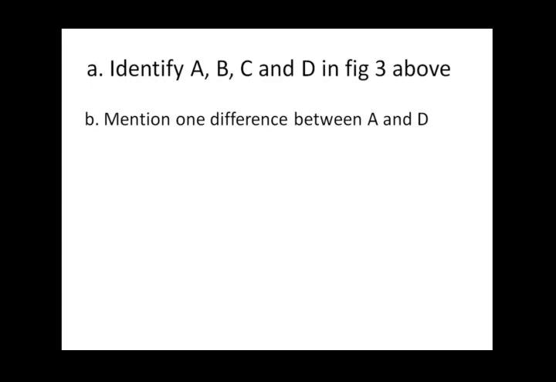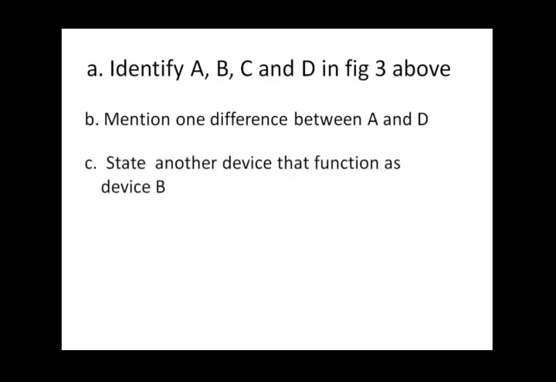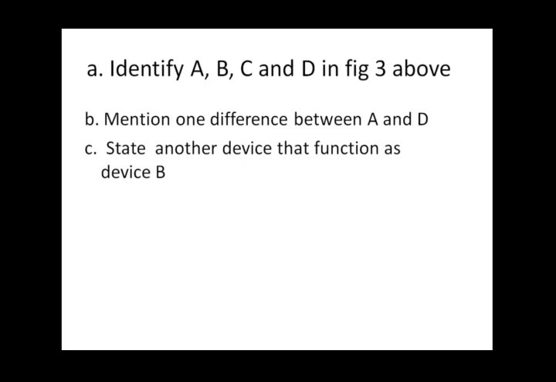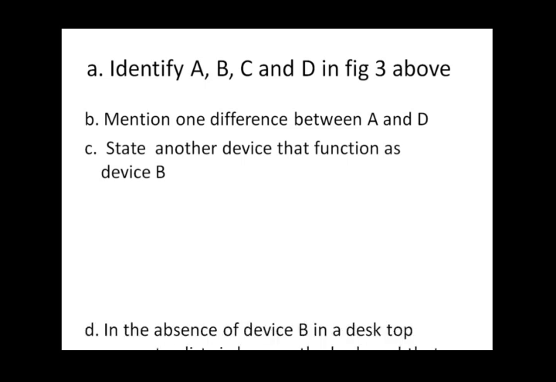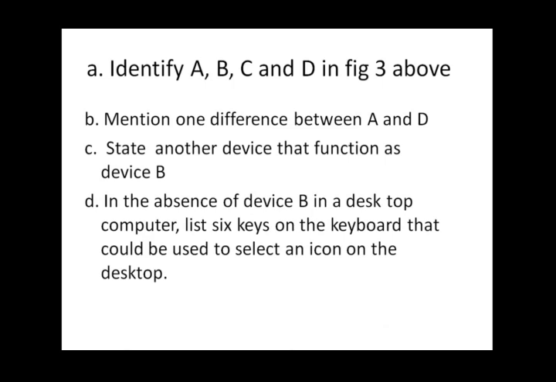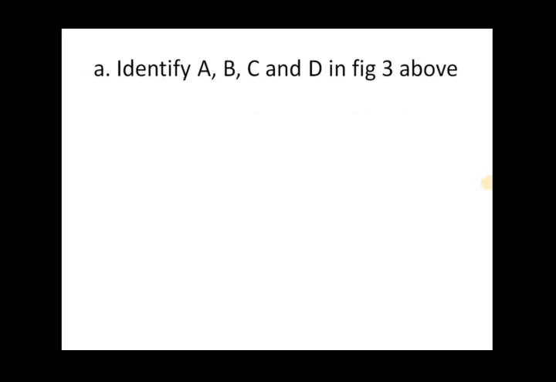Mention one difference between A and D. State another device that can function as device B. In the absence of device B in a desktop computer, list 6 keys on the keyboard that could be used to select an icon on the desktop.